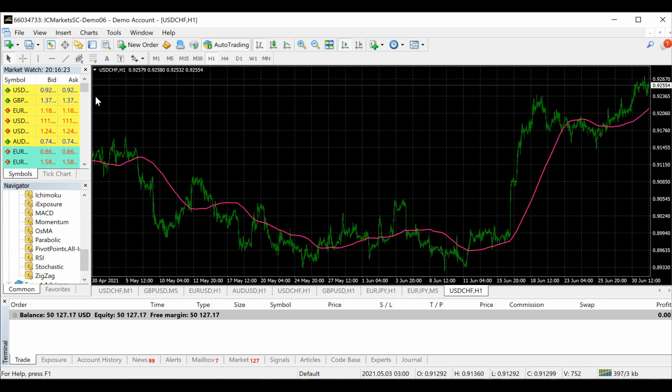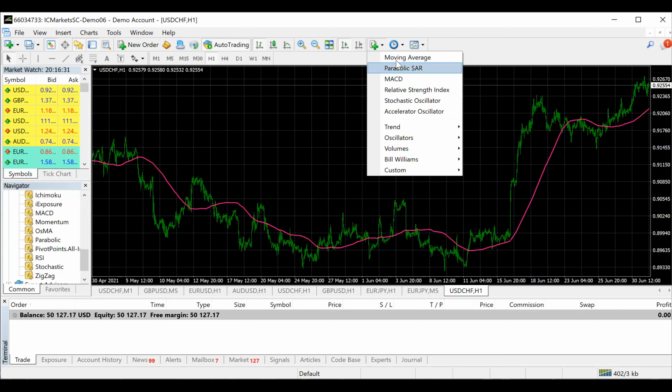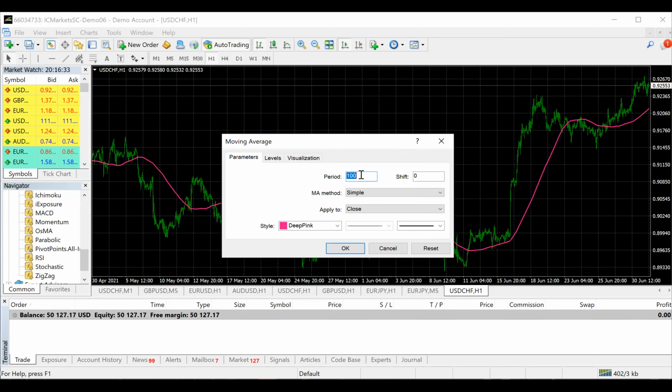But the higher the number, the more you can see, and you can choose how many candles to average. Some people don't know the meaning of the 100 or 10 we are entering here. It means the average of the last 100 candles.